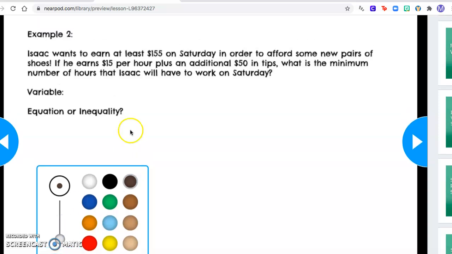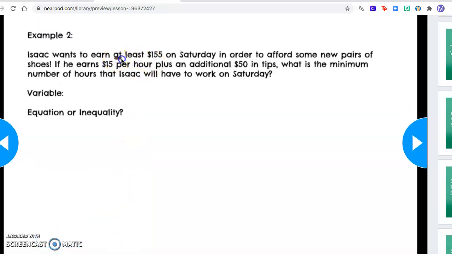Okay, so Isaac wants to earn at least $155. If he wants to earn at least $155, what does that mean? So let's annotate right here.